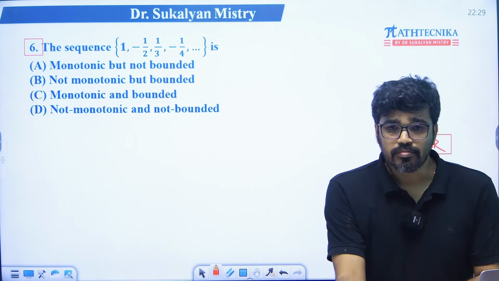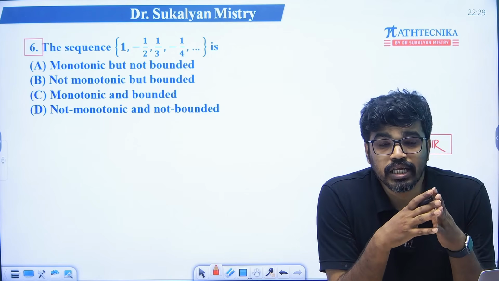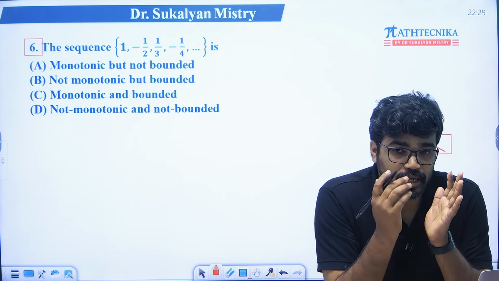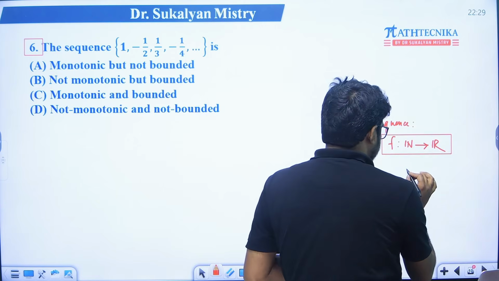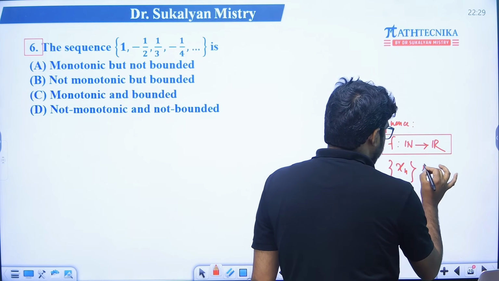Okay, what is a bounded sequence? A sequence is said to be a bounded sequence if it is bounded above as well as bounded below. So what is a bounded sequence?